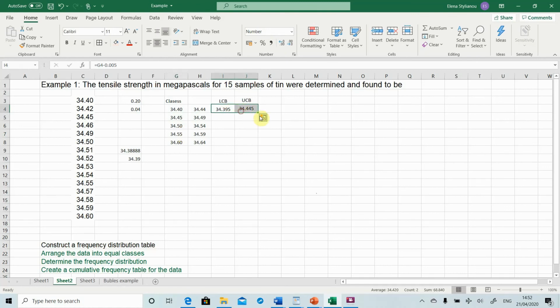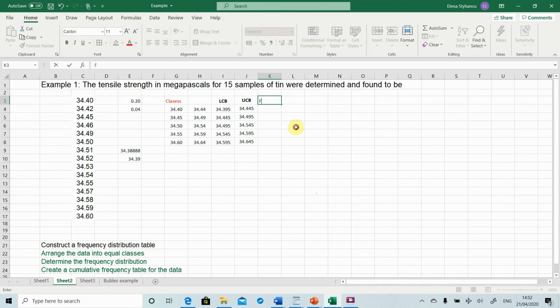Now you can use this formula for all boundaries, just drag the formula for all other classes. So here are the classes and here are the boundaries for the classes. Do not confuse them. The boundaries always contain one more decimal place than the classes.